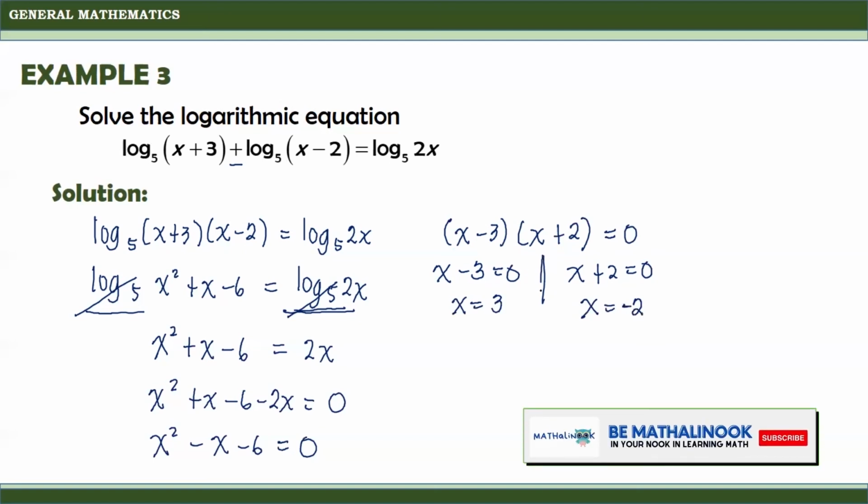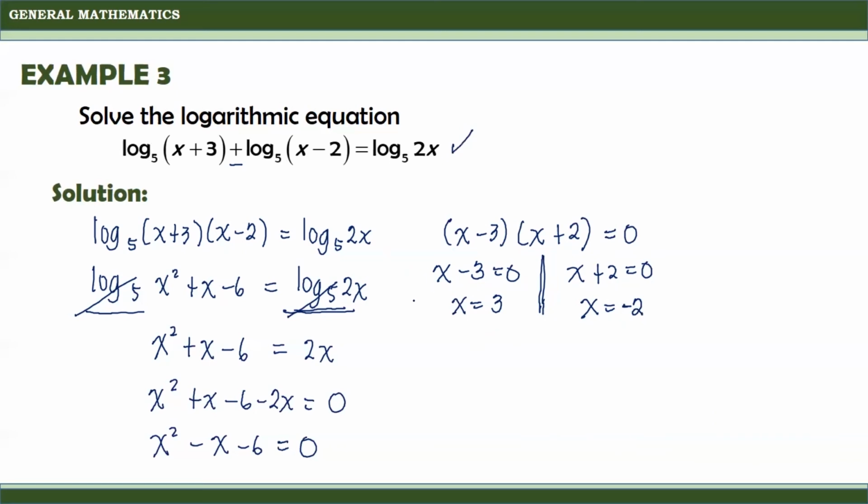Since we have two values of x, we need to substitute these two values in our given equation and determine which among them will satisfy it. If x is equal to 3, then the equation will become logarithm of 3 plus 3 to the base 5 plus logarithm of 3 minus 2 to the base 5 is equal to logarithm of 2 times 3 to the base 5.